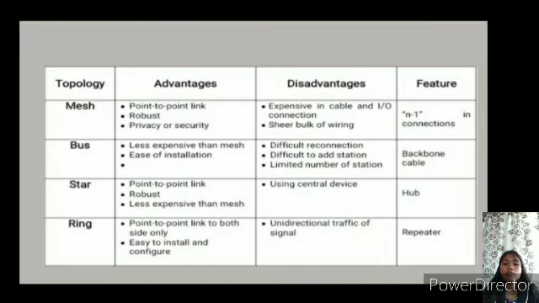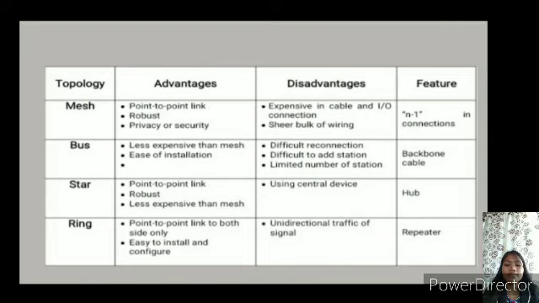Then we also have the advantages of bus topology. We have less expensive than mesh and ease of installation. Then the disadvantages of bus topology are difficult reconnection, difficult to add stations, and a limited number of stations. Then we have the feature of the bus topology, which is the backbone cable.